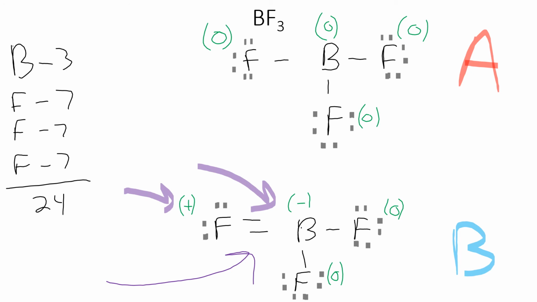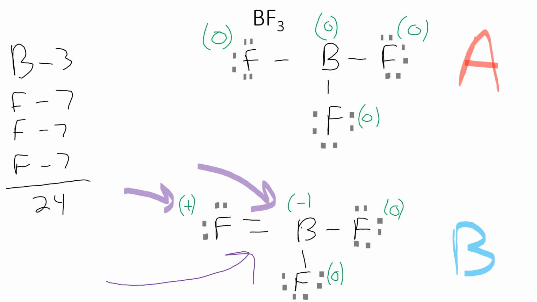Fluorine has a positive formal charge, boron has a negative formal charge. Well, that's opposite of the way it should be based upon what we know about electronegativity. So the formal charge on the bottom is not consistent with electronegativity.